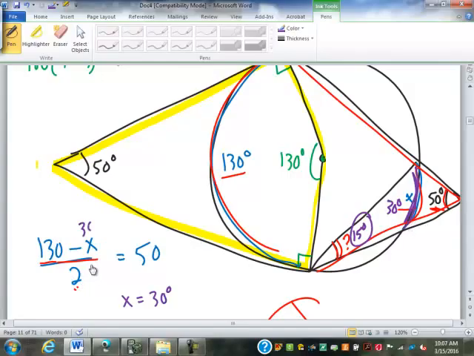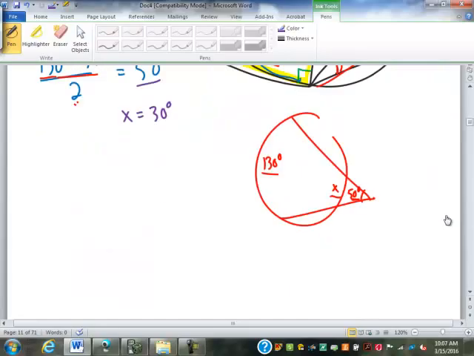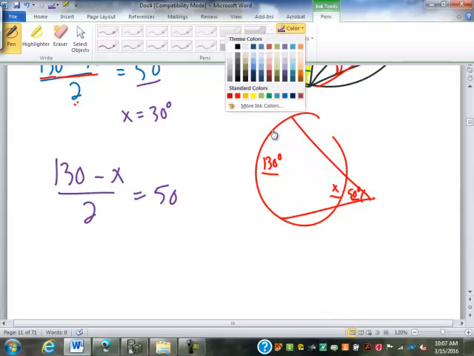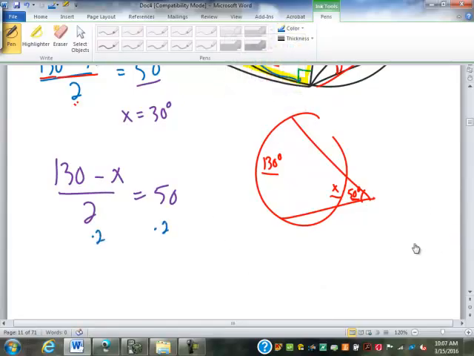No, it's 130 minus x. It would have to be 130 minus 30 would be 100 divided by 2 would give you 50. If I were going to solve that, 130 minus x over 2 equals 50. I'm going to multiply by 2. So 130 minus x equals 100.